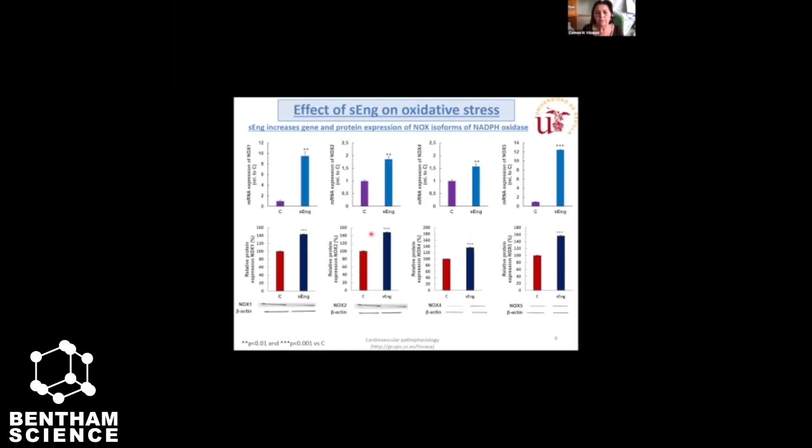Here we can see the protein and gene expression of the different isoforms of NADPH oxidase, and we found an increase in the protein and gene expression of NOX1, NOX2, NOX4, and NOX5 in the cells incubated with high levels of soluble endoglin when compared with control.